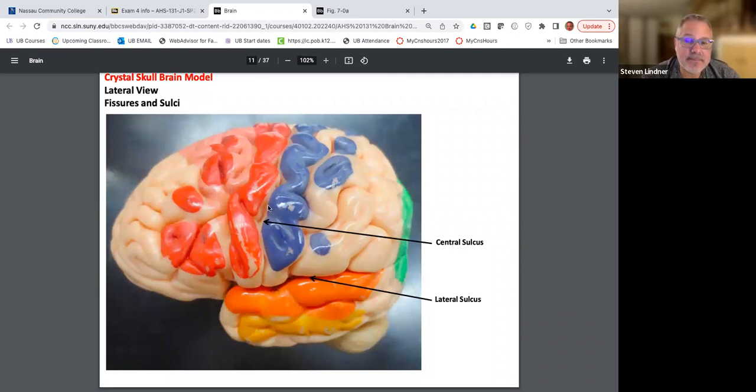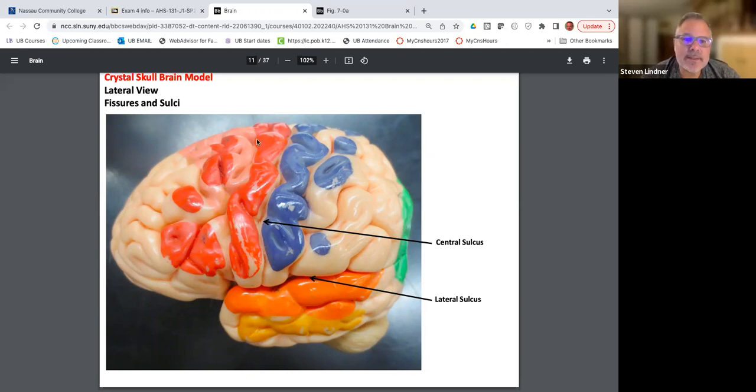We can see that this is anterior, and this back here is posterior. You can see a little bit of the green, which is the occipital lobe. So this would be the frontal lobe, occipital lobe, temporal lobe.